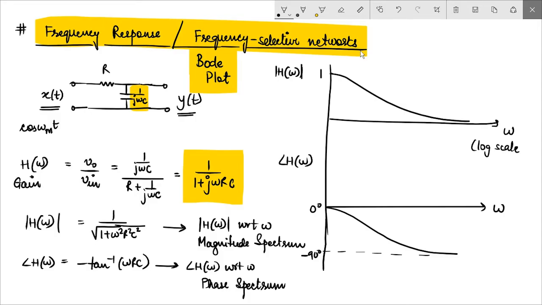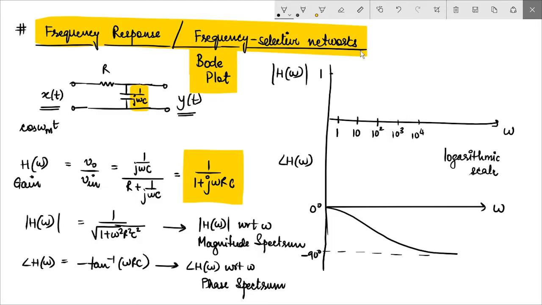That means arbitrarily, if I choose 1 here, then the next unit is 10, then the next unit after equal distance is 100. So 10 to the power 2, then 10 to the power 3, and so on. The advantage being that a logarithmic scale allows us to view percentage changes, or multiplicative factors. The shape of the curve will change. It looks something like this.